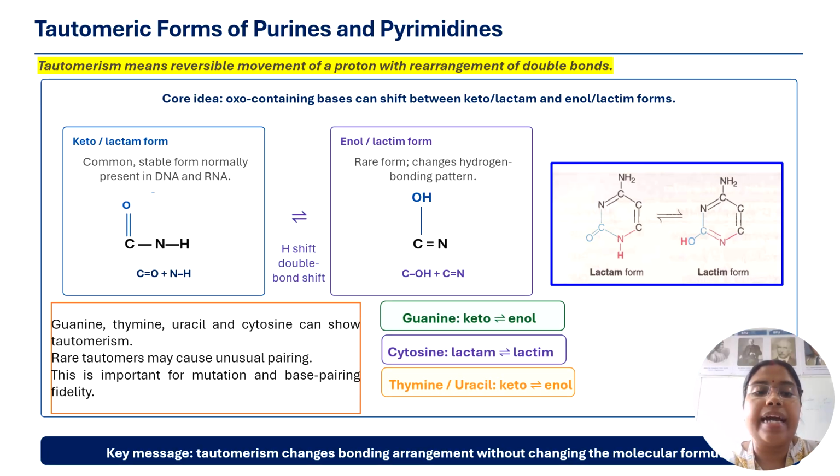Then the tautomeric forms of the purine and the pyrimidines. Tautomerism means the reversible movement of a proton with rearrangement of the double bonds.